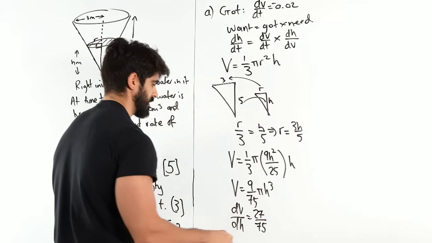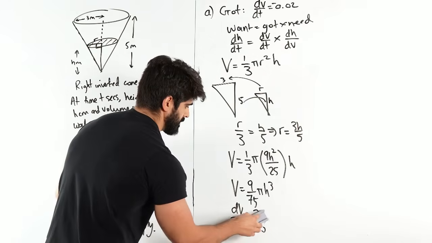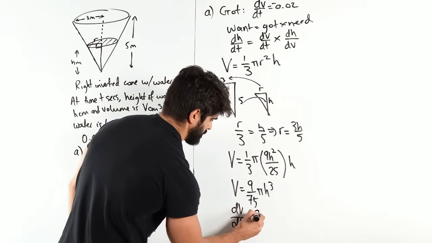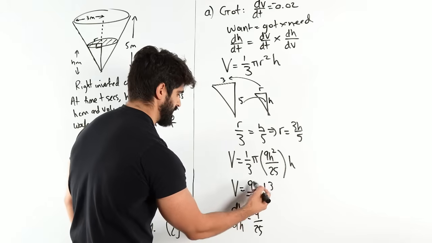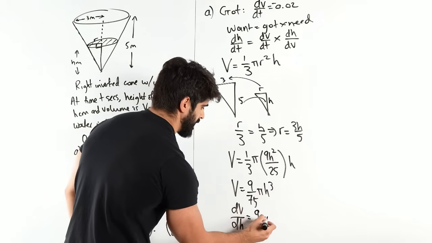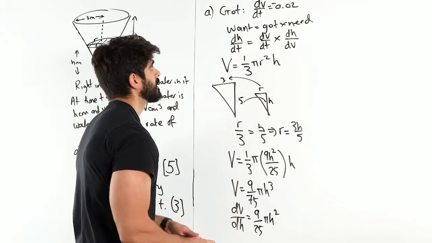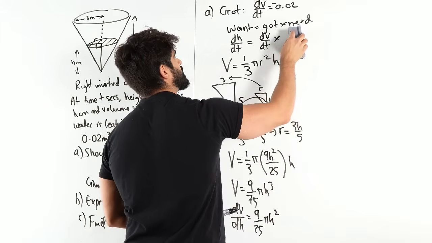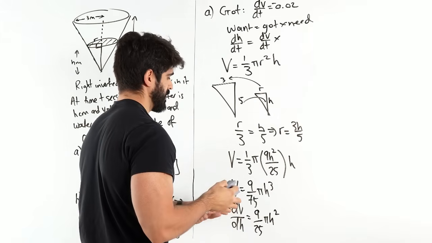Wait, that will cancel. That will be 9 over 25, right? 9 over 25 pi h squared. So bring down the power, knock 1 off the power. So we can start replacing things over here. Wait, that was dH by dV, right? We're going to have to flip that.